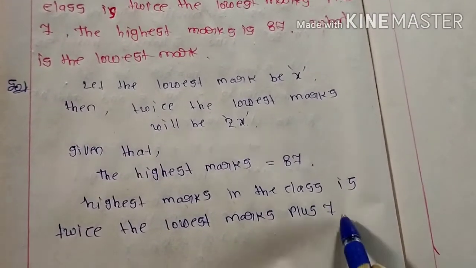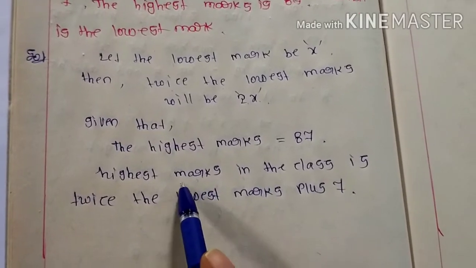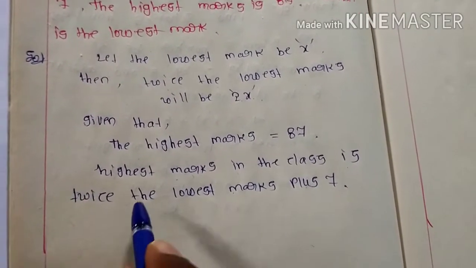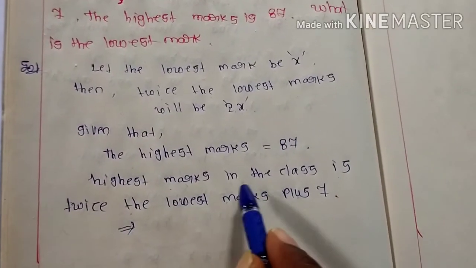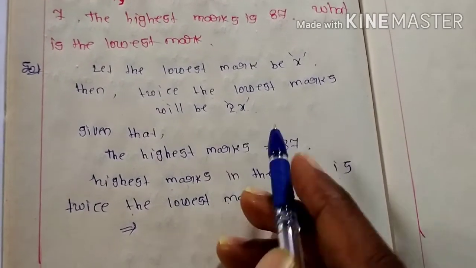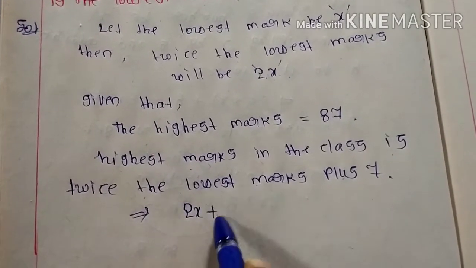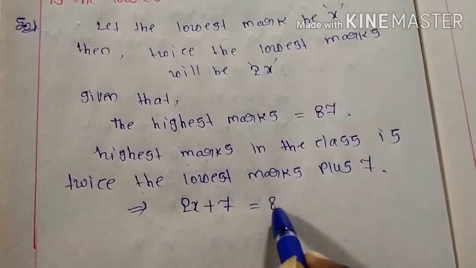Yes or no? They have mentioned in the condition highest marks in the class is twice the lowest marks plus 7. That means you can write here twice the lowest marks means how much you got? 2x. That means you can write here 2x plus 7 is equal to 87.